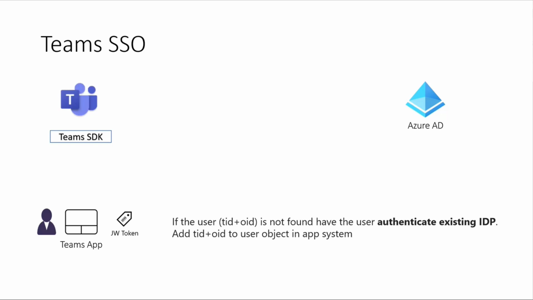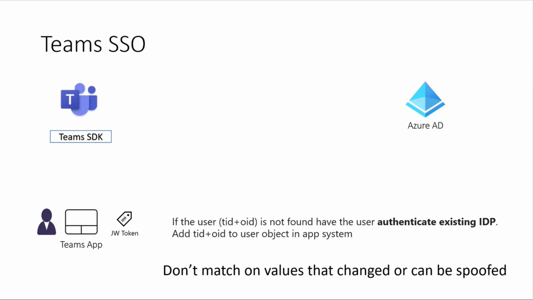Once you've done that, the user has signed into your system, so you have an opportunity to link those two identity systems together, and cross-reference them through something like the tenant ID and object ID combination.